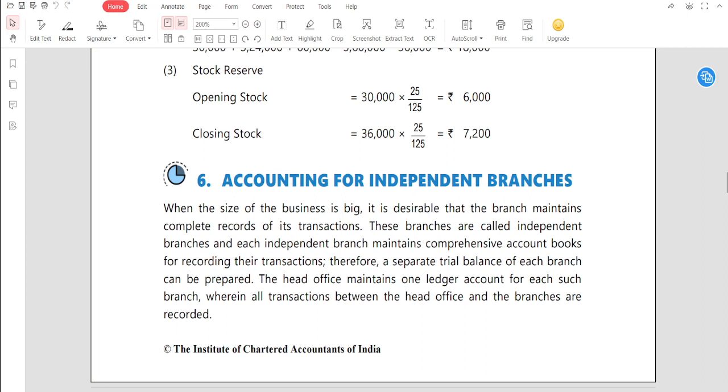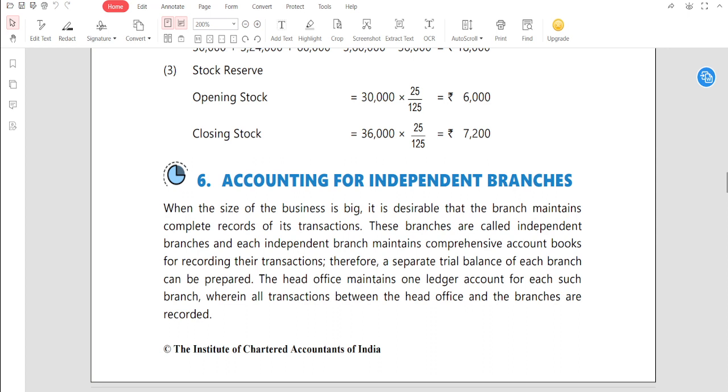It means suppose a head office has 4 branches, and those branches cater to separate segments. Someone is in the east, someone in the southern division, someone in the central division, someone in the northern division. So the head office and the branch are separated from each other.